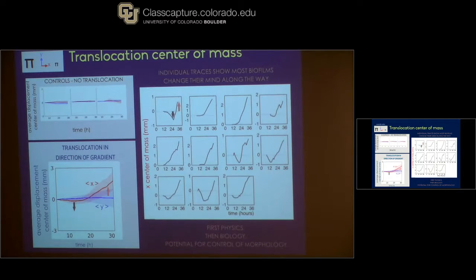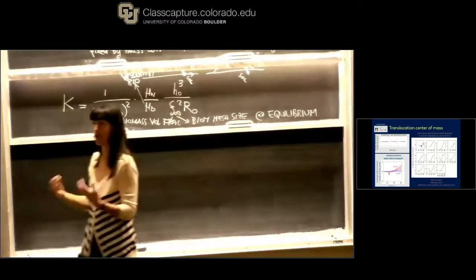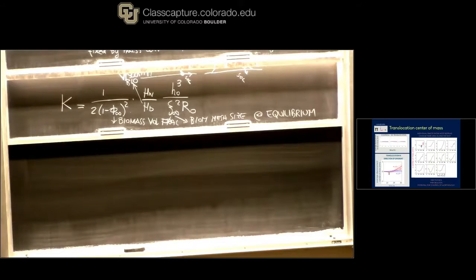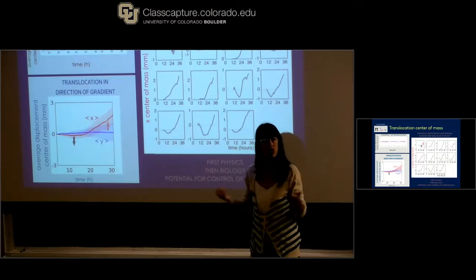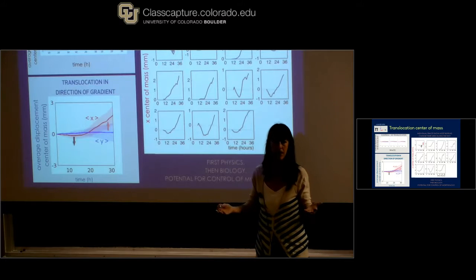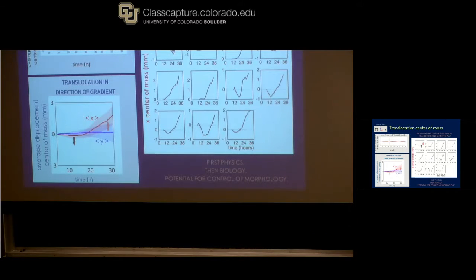So this would suggest, and this is the conclusion, that biofilms will first be driven by the physics. K is a physical parameter. It's mesh sizes, it's concentrations. Okay, so first physics will push biofilms on one side, and then biology, so G, the biomass production rate, will change the dynamics and make them move the other way.